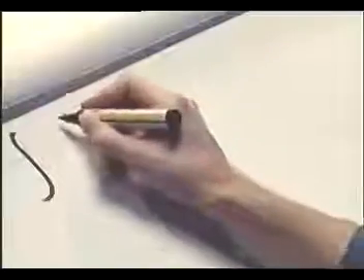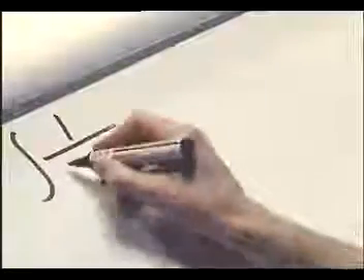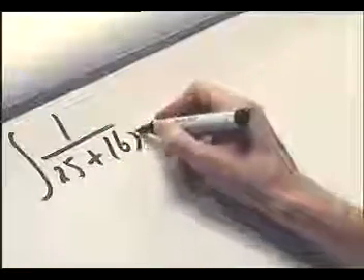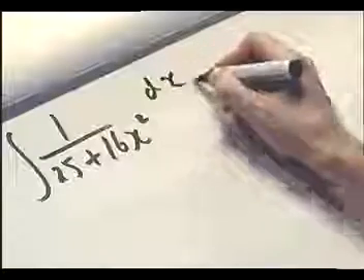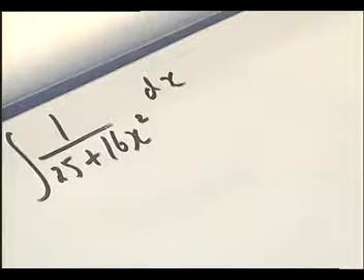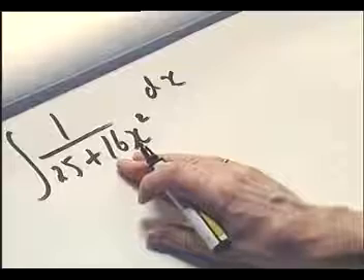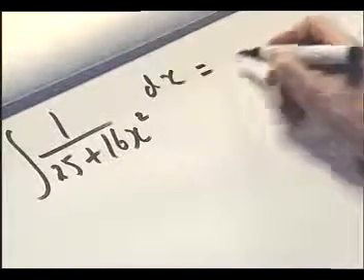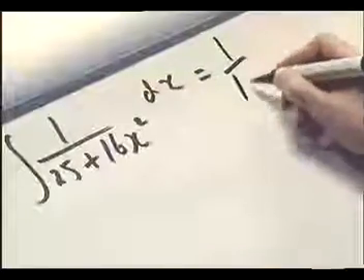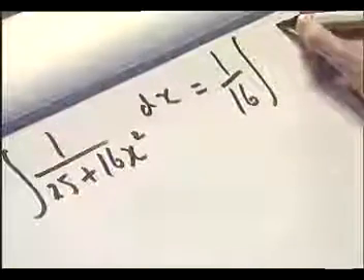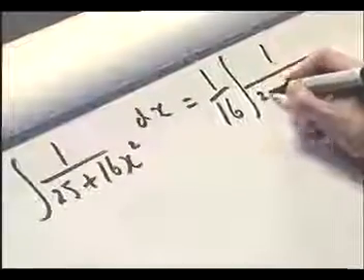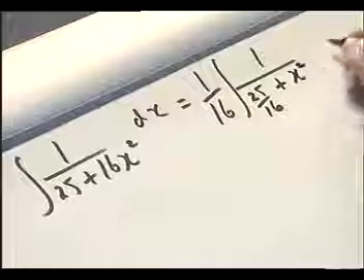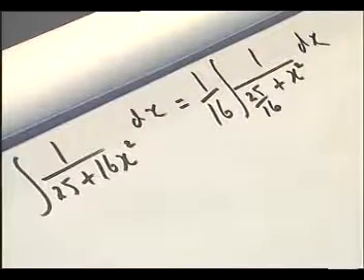Let's take the integral of 1 over 25 plus 16x squared dx. We try to get a 1 there, which means we take the 16 out. So we'll have 1 over 16 times the integral of 1 over 25 over 16 plus x squared dx.